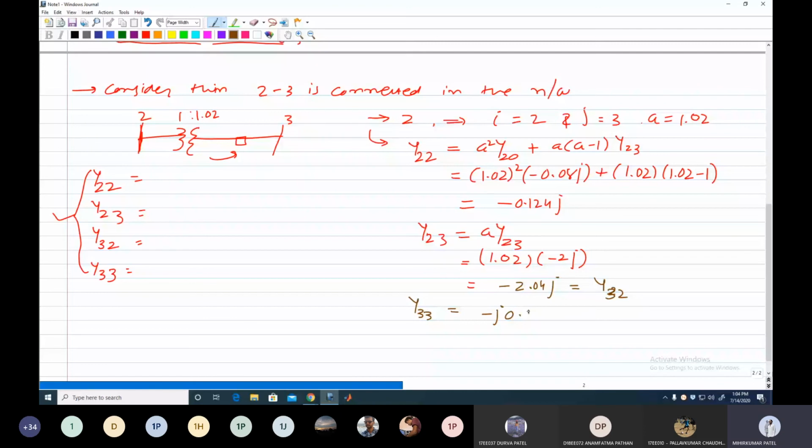Very good. So now you have to calculate y22, 23, 32 and 33, the new values, by considering this line connected into this network. What is the value of y22 new? What is the value of y22 old? 0.235 minus 1.02.